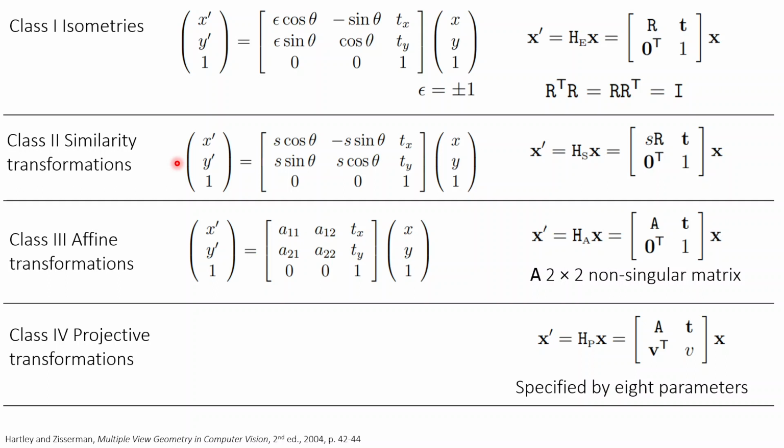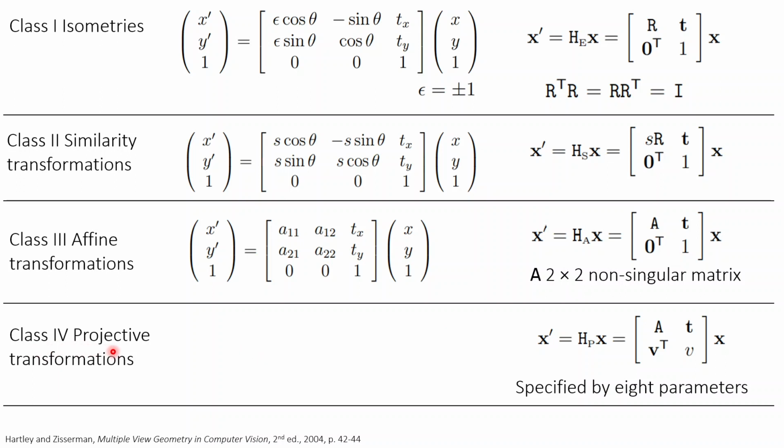So it can scale. But if you take affine, the angles can also change, but the line parallelism will remain. So your square, when transformed, can become a rhombus. In this case, the matrix A is a 2 by 2 non-singular matrix. And of course, the zero vector and 1 in the bottom row do remain.